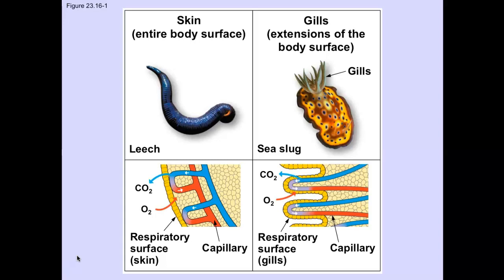That surface can be different in different animals, right? So in something like an earthworm or a leech, the respiratory surface is actually their entire skin, their body surface. So you can see that the edge of their skin is thin enough where their circulatory fluid, in this case it's a closed system, will come very close to the surface.